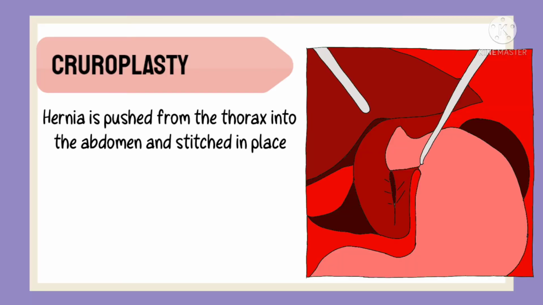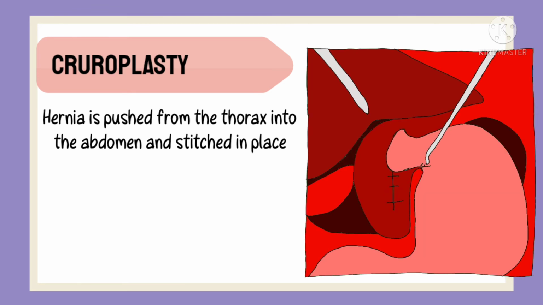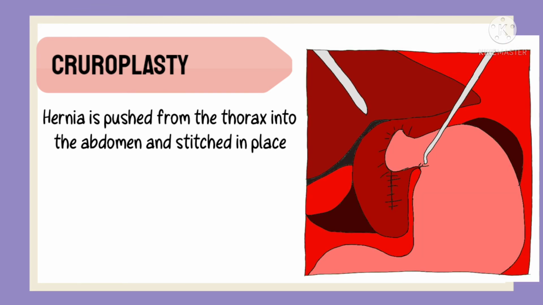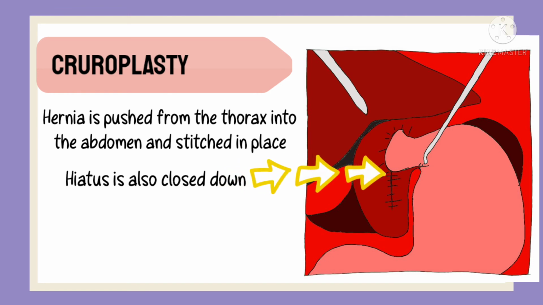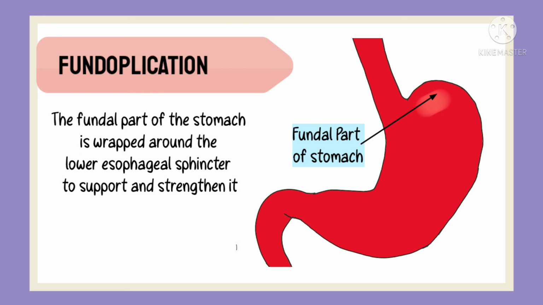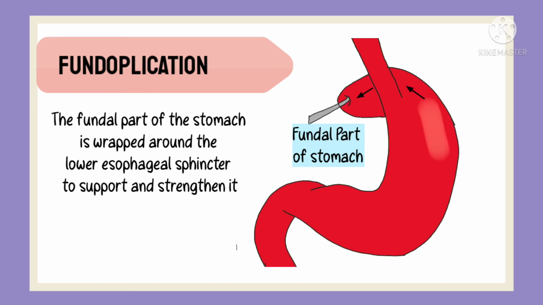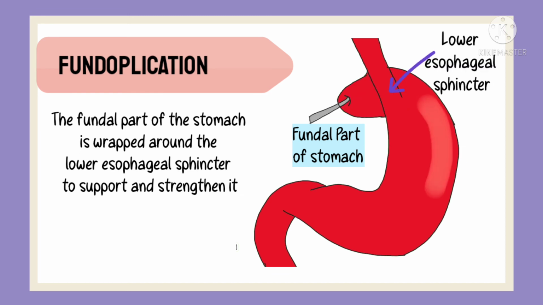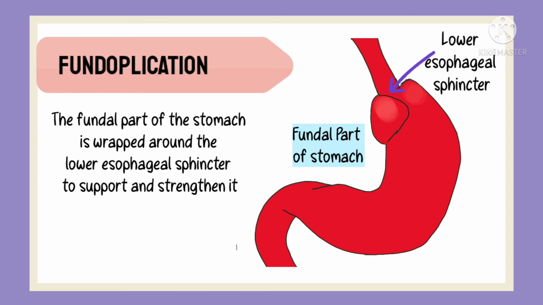In cruroplasty, the herniated part is brought back down from the thorax into the abdomen, and the hiatus is also closed in such a way as to bring it to its appropriate size. In fundoplication, the fundal part of the stomach is wrapped around the lower esophageal sphincter and is stitched in place to support and strengthen the lower esophageal sphincter.